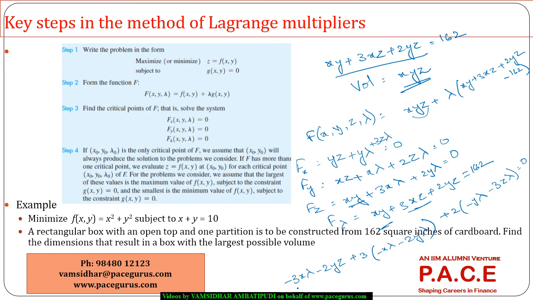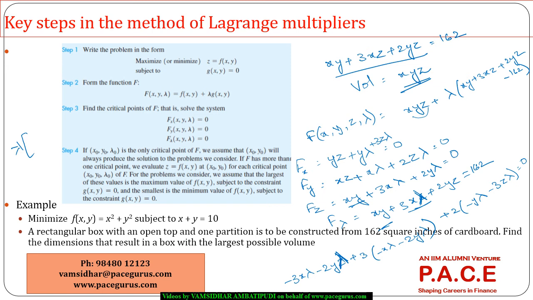So there is a lambda that is common. So I'll take minus lambda times 3x.